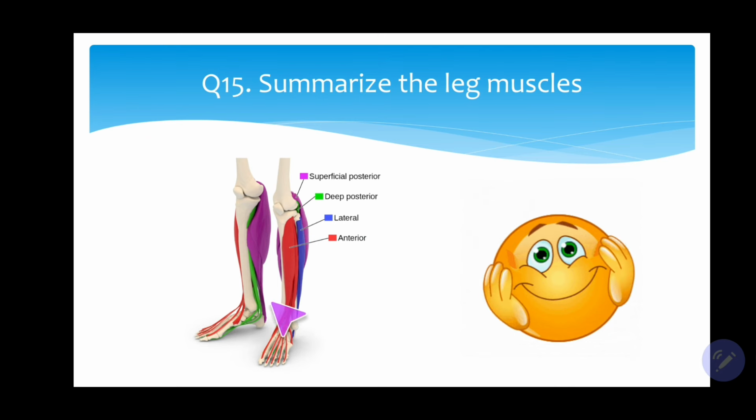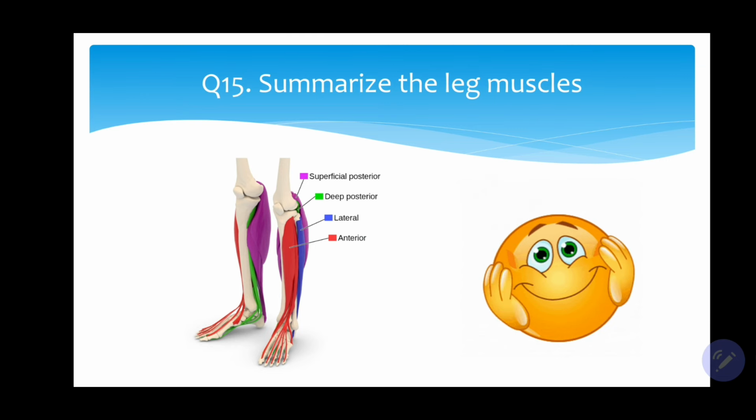Okay, then back of leg, you may remember from the superficial compartment there were 3 muscles: Gastrocnemius, Soleus, and Plantaris. Then some people call it an intermediate compartment. There is Flexor Digitorum Longus and Flexor Hallucis Longus, and the deepest compartment was made up of Tibialis Posterior and Popliteus.